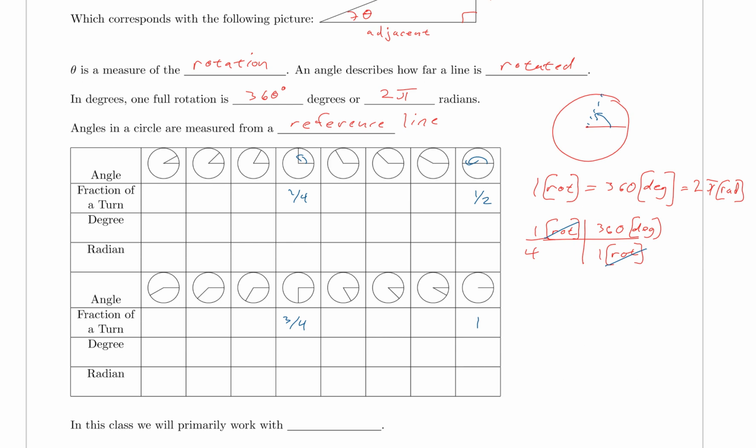And so we basically end up with 360 divided by 4, which is simply 90 degrees. And we'll go ahead and just write the little circle up top, which stands for degrees. And so when we go to fill this guy in, we write 90 degrees.